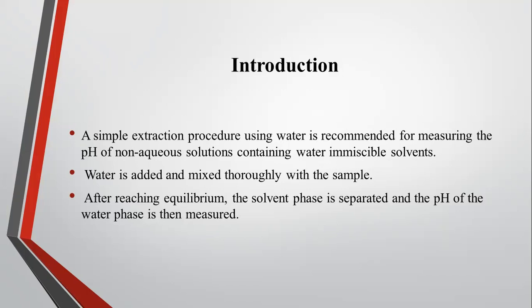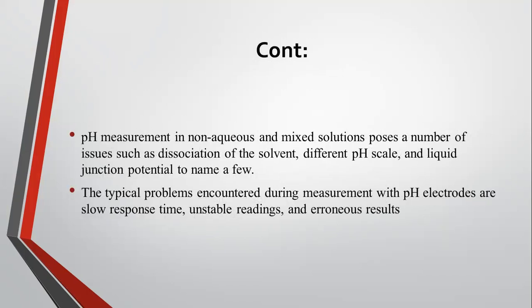After reaching equilibrium, the solvent phase is separated and the pH of the water phase is then measured. pH measurement in non-aqueous and mixed solutions poses a number of issues, such as dissociation of the solvent, different pH scale, and liquid junction potential, to name a few. The typical problems encountered during measurements with pH electrodes are slow response time, unstable readings, and erroneous results.